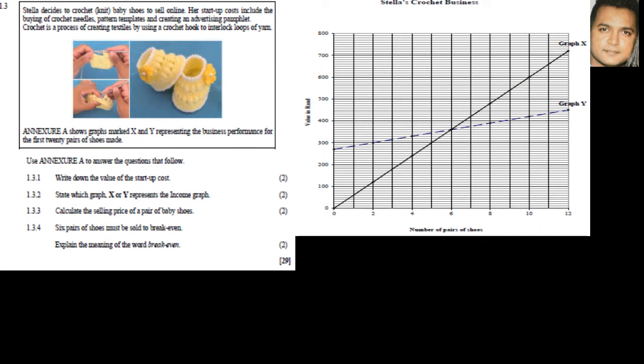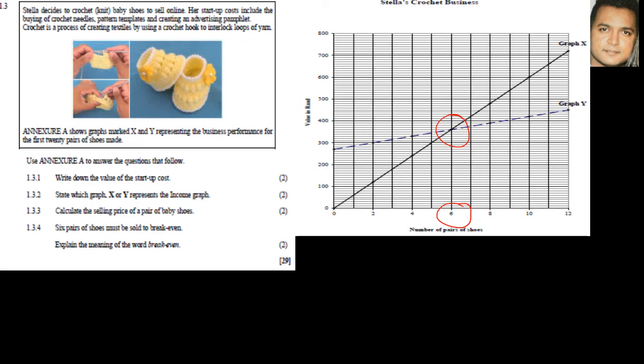Okay, 6 pairs of shoes must be sold to break even. Explain the meaning of the word break even. So if we look at the graph, we find 6 pairs of shoes, and directly above that we find this intersection here. That intersection means break even. It is when the income is equal to the expense at that point where they intersect, and you'll notice that there is no profit or loss made at that point.